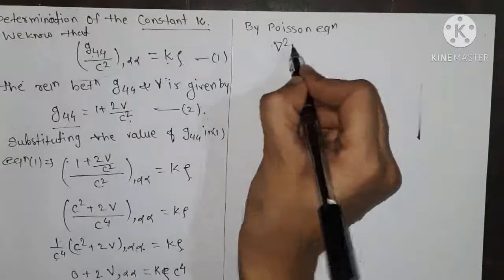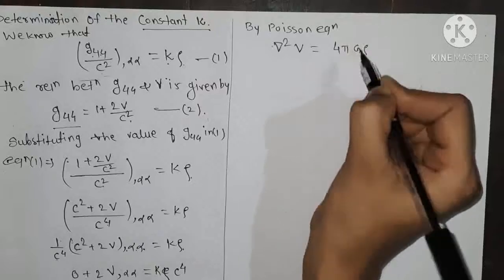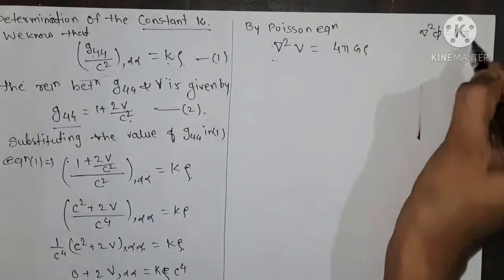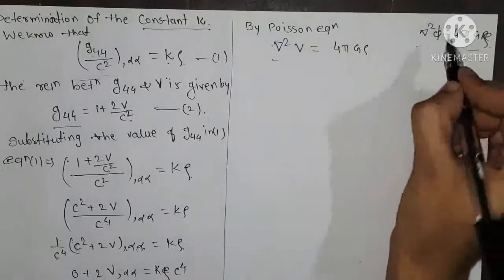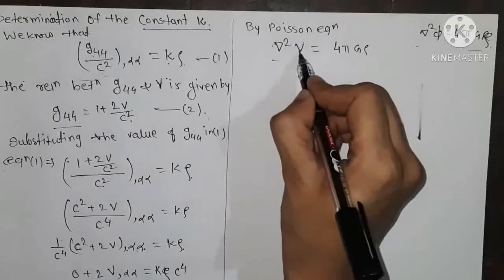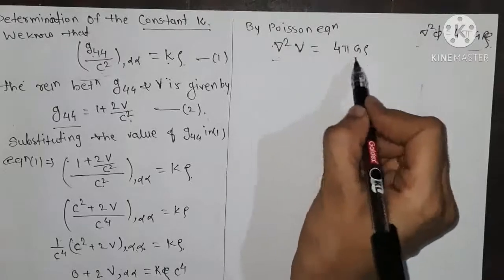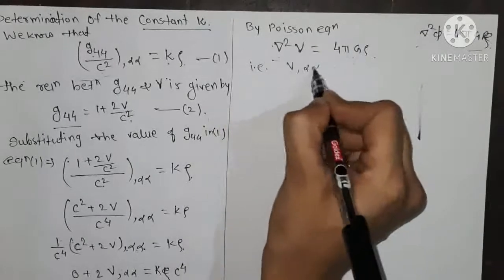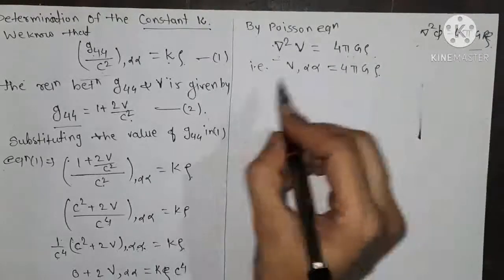By the Poisson equation, we have del square of V is equal to 4 pi G rho. We saw this equation in the form del square of phi is equal to 4 pi G rho, but in general relativity we denote phi as V. V is also nothing but our gravitational potential, so del square of V is equal to 4 pi G rho, that is V comma alpha alpha is equal to 4 pi G into rho.